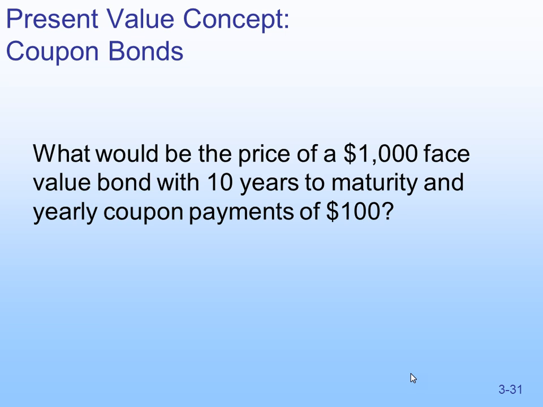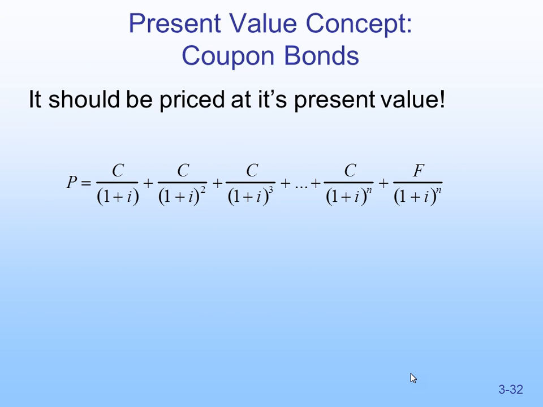This is what you want to be able to do by the end of this class, maybe the end of this week. If you master this topic, you will know how to price this bond. You want to price it at its present value. The price should be the present value.